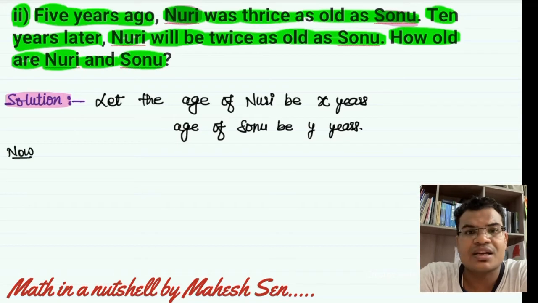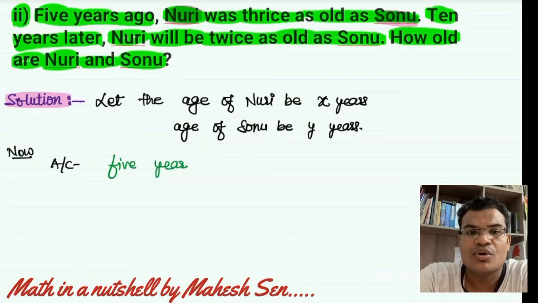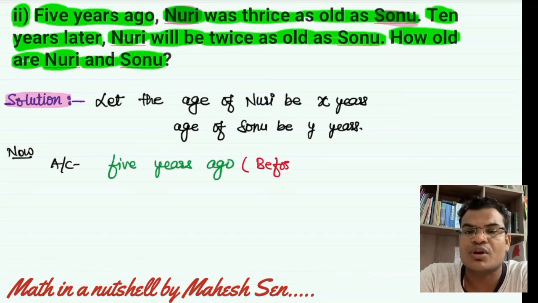Now we have to apply the condition 5 years ago. Just keep in mind guys, ago means before. 5 years ago means your age will be subtracted by some number. So 5 years ago, that means Nuri's age will be 5 years less, because we are going into the past. For understanding you can write ago means before.